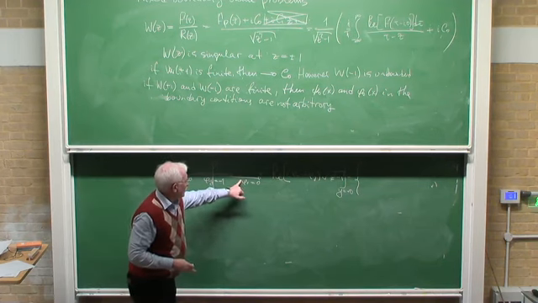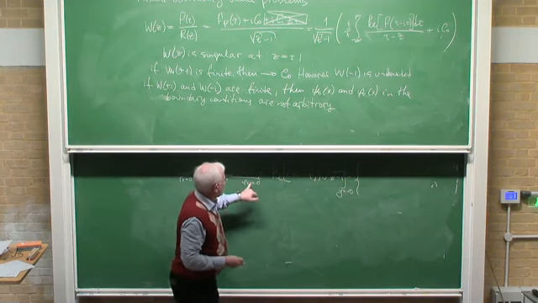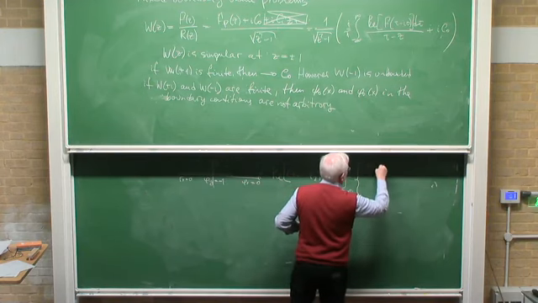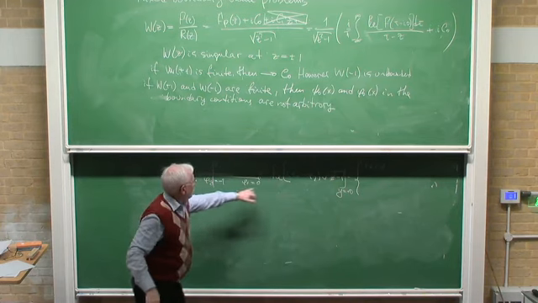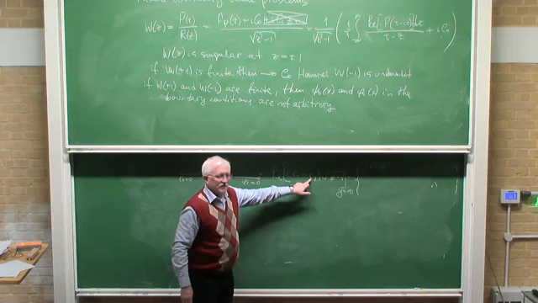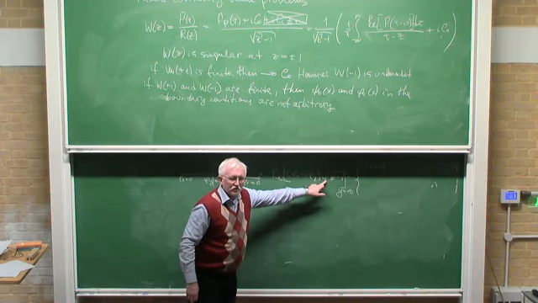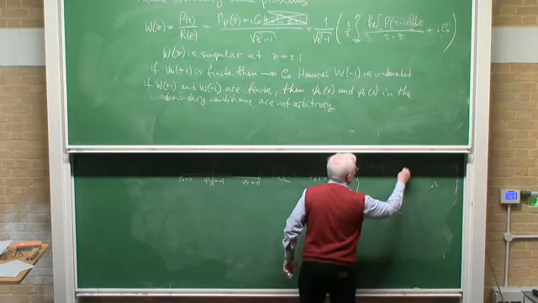Over here for x greater than 1 on both sides, phi x is 0, so this part is imaginary, that one is real, so altogether it's 0.